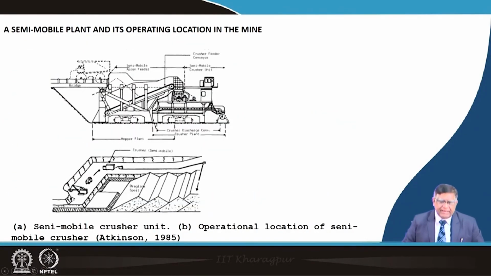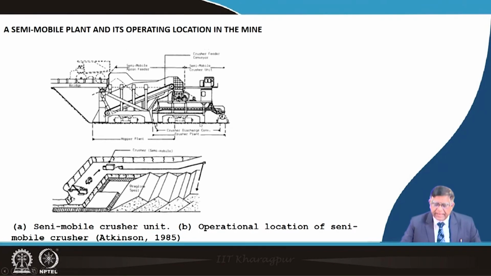Now, you can see here this semi-mobile crusher, and this is a transporter. Normally this is resting on its frame and the whole operation is going on: the truck is coming and giving the material onto the crusher, from the crusher it is loading onto this conveyor belt.